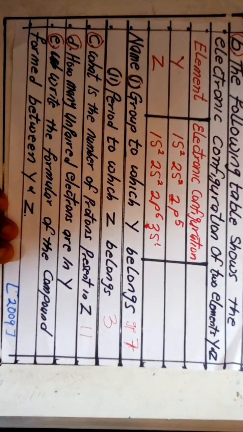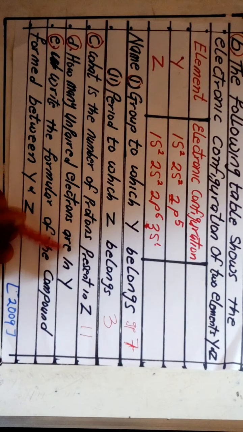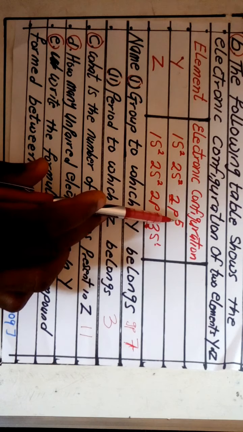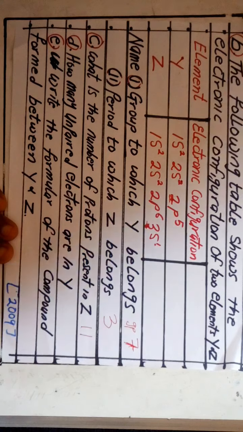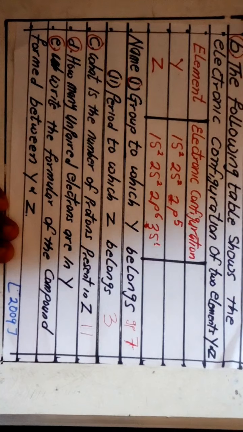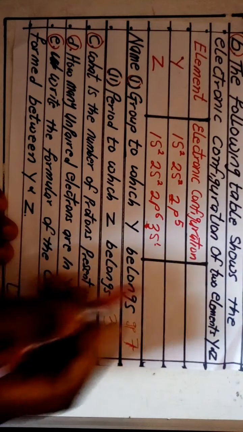How many unpaired electrons are in Y? You know that P has 3 orbitals, right? We'll do something like this.